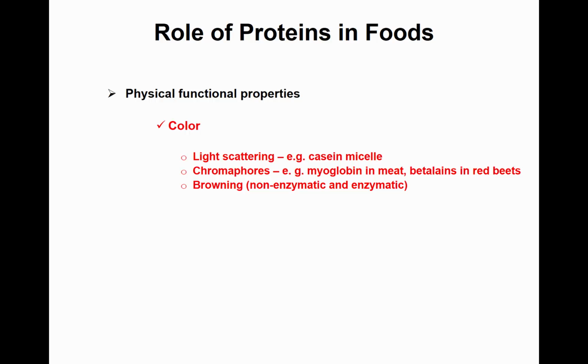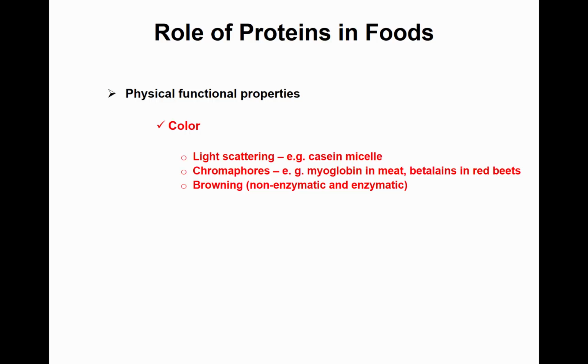All right. So moving on from nutritional and physiological and muscle building, the main focus of this class is going to be about functionality, or physical functionality, in food systems. So we're going to talk about general and then later on more specifics. From the physical side of things, first we have the color aspect.